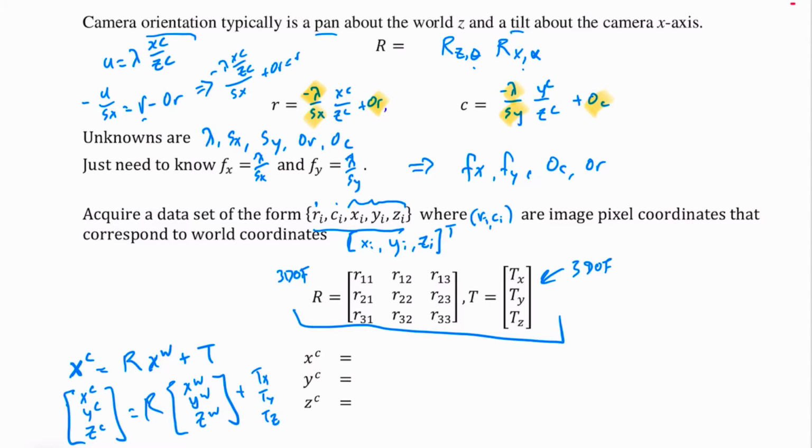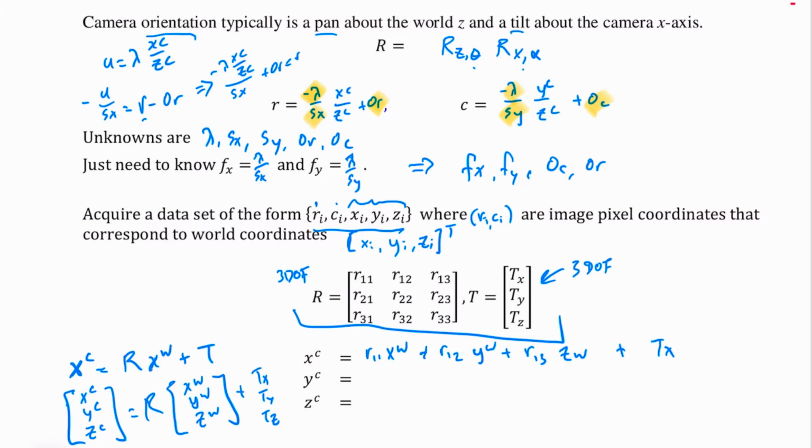So we can write that out using our rotation matrix, and we have that r11 times x world plus r12 times my y world plus r13 times z world plus my offset tx. That gives me my xc.